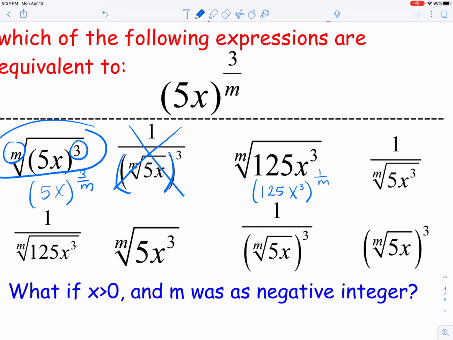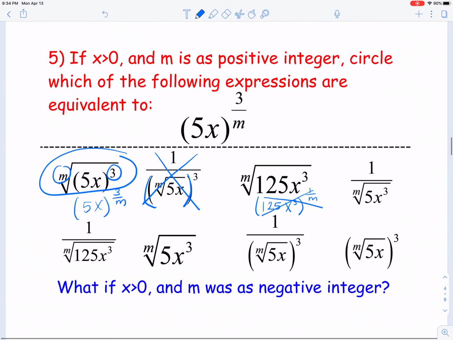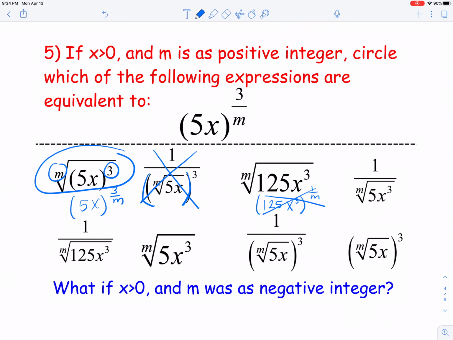So this is no good. Next one again in the denominator, so it's going to make it a negative exponent. No good. Denominator going to make it a negative exponent. No good.